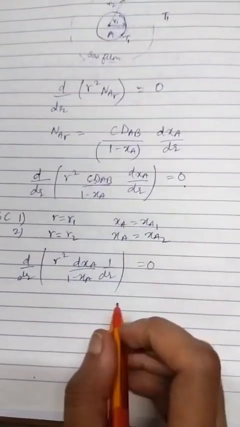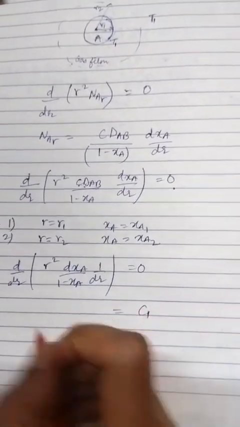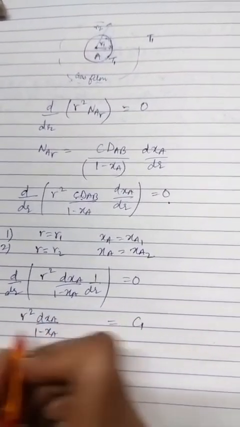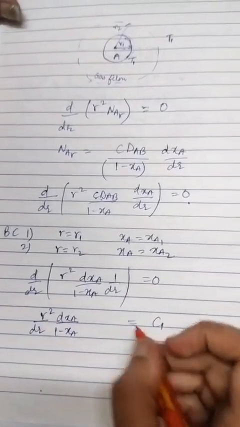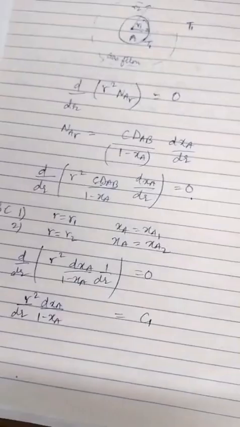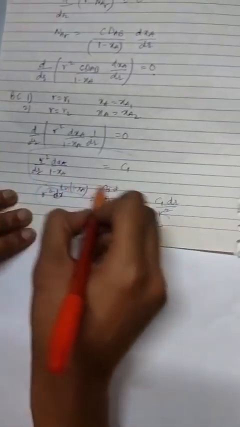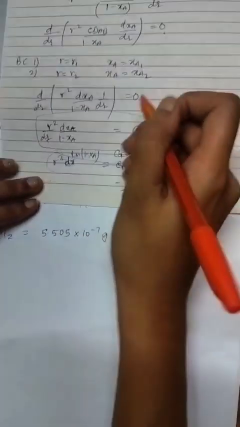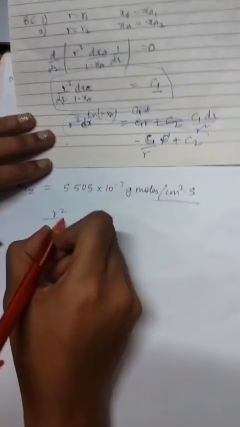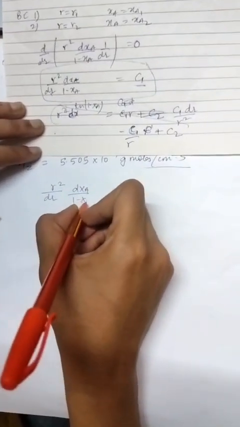Integrating it, we get C1 equals r square dXA upon 1 minus XA dr. Okay. Now integrating it again, we get a constant of integration. So it will be like r square dXA upon 1 minus XA dr is equal to C1.